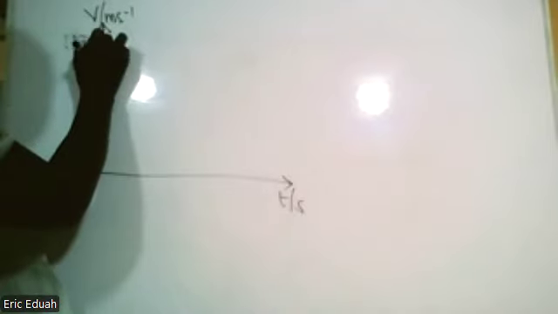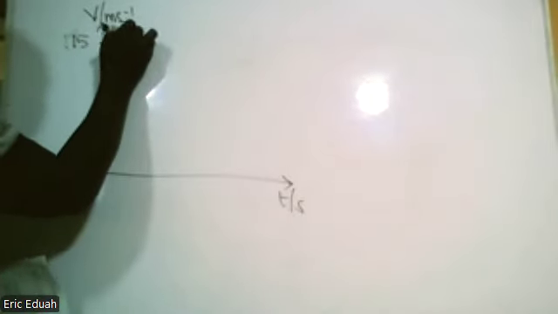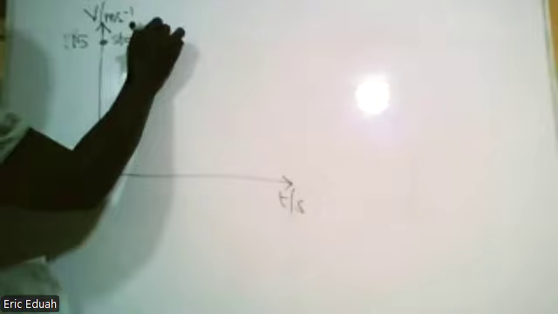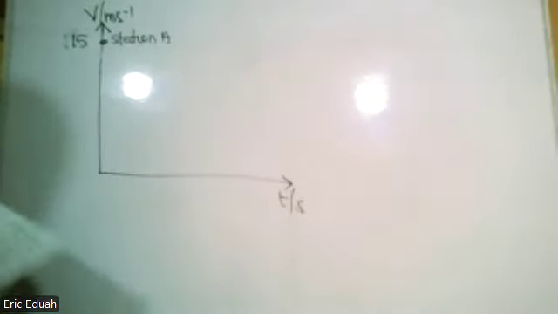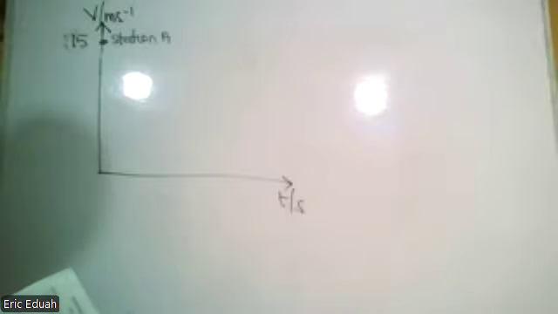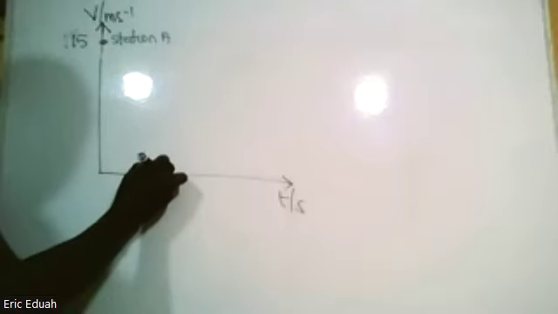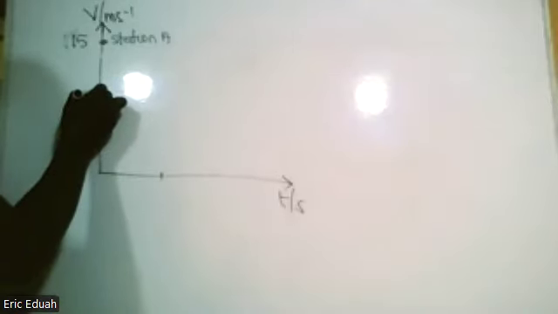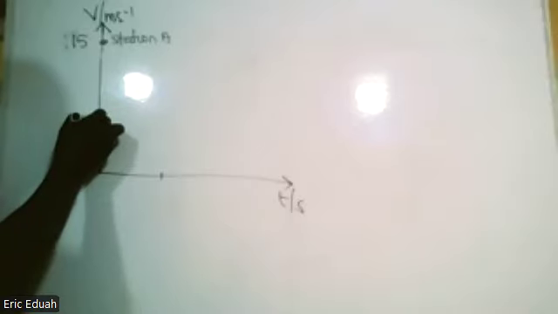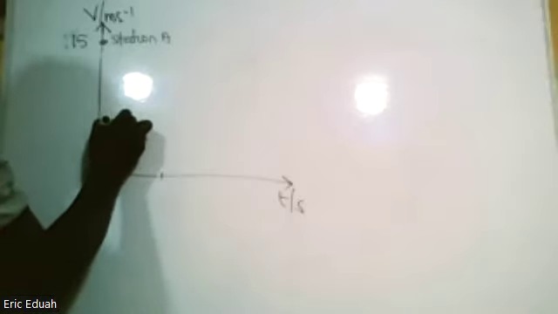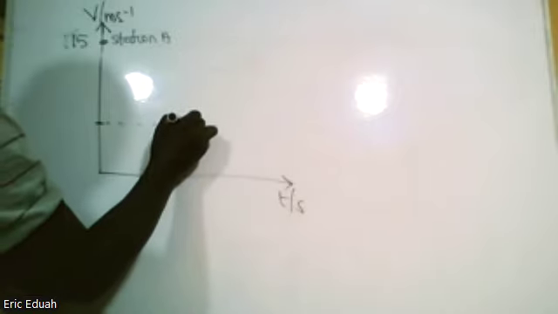So this point must be station A. Then 7 meters per second at station B. This time we don't know, so let's assume 7 meters per second is somewhere here, and it corresponds to a time here.